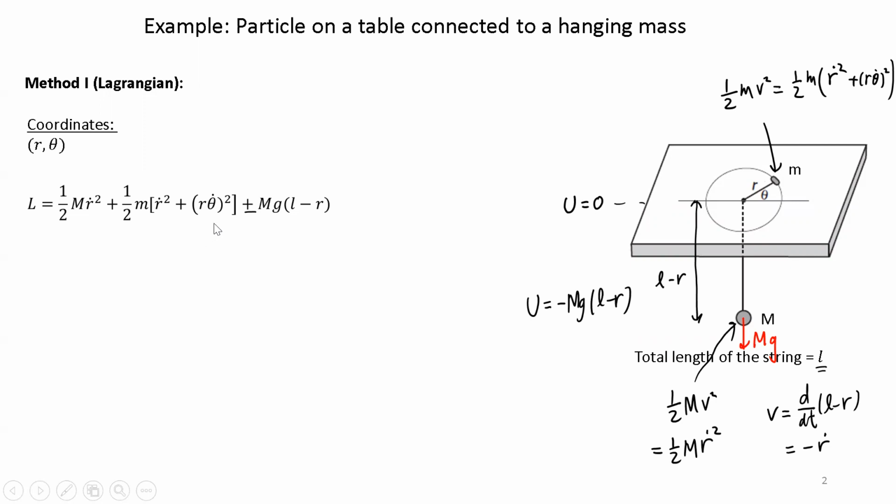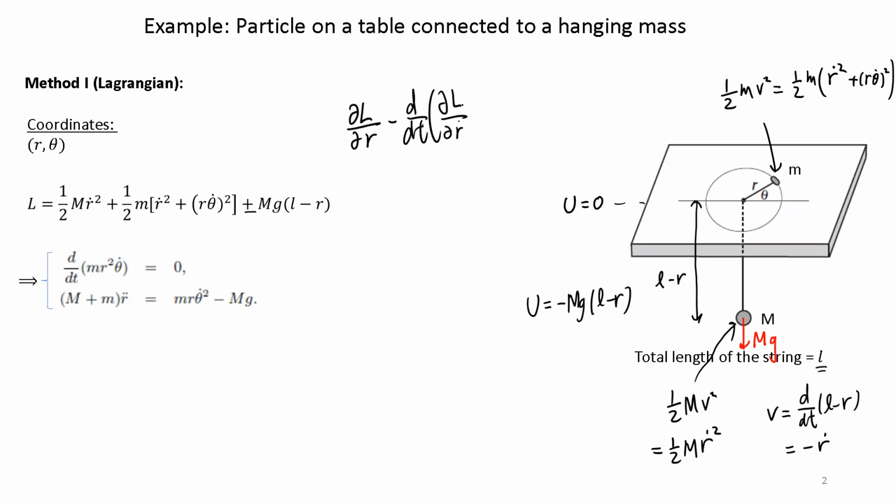So once you have written down the Lagrangian, what follows is that you don't need to think of anything else, but just apply the Lagrange equation. The Lagrange equation, just to remind you, is this, and the other is this.